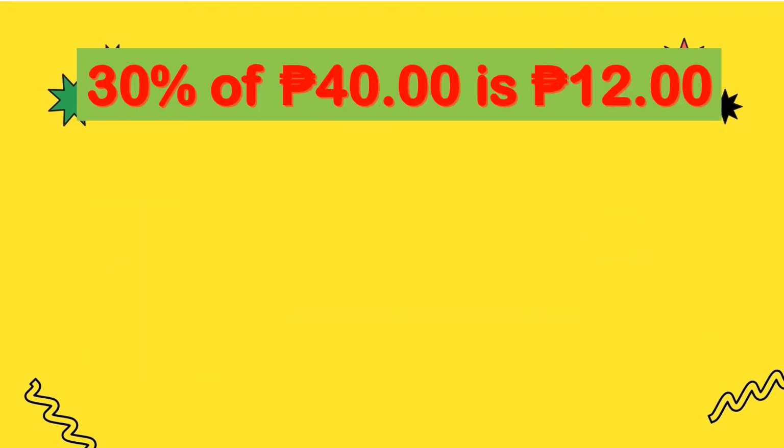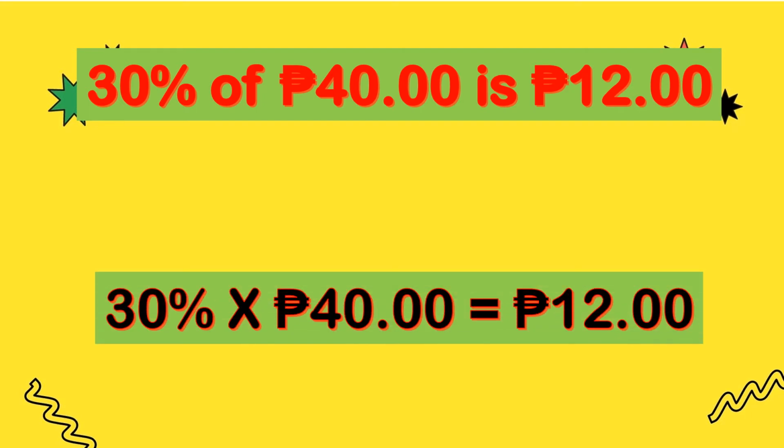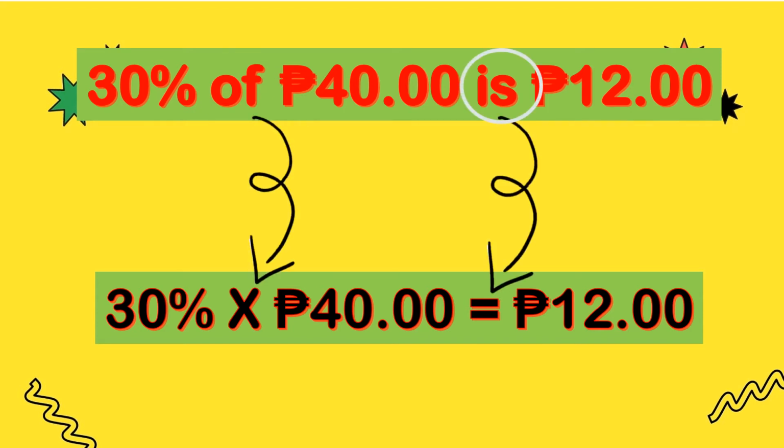The situation above can also be described as 30% times 40 pesos equals 12 pesos, where "of" was translated to times and "is" was translated to equal. Based on this, we can now generate formulas for finding the percentage, the rate, and the base.